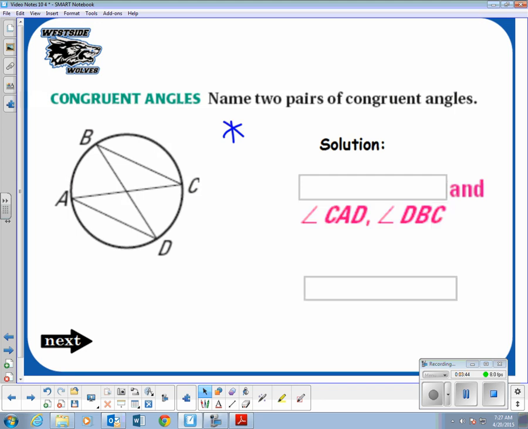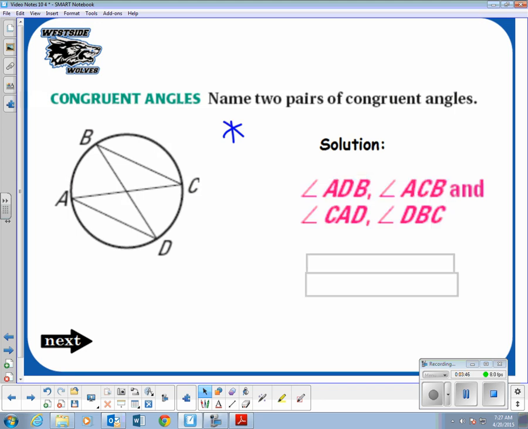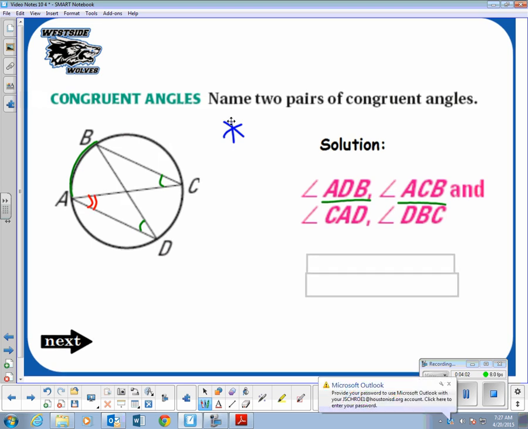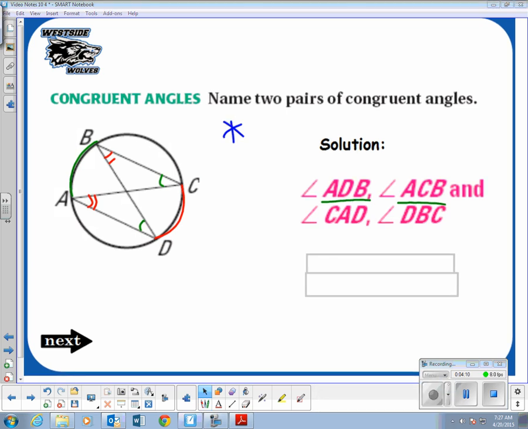So our two angles are ADB and ACB. ADB is this one, and ACB is this one. They both intersect this green arc. And our other pair is CAD, which is this angle, and DBC, which is this angle, and they both intersect that arc. And there's your two pairs of congruent angles.